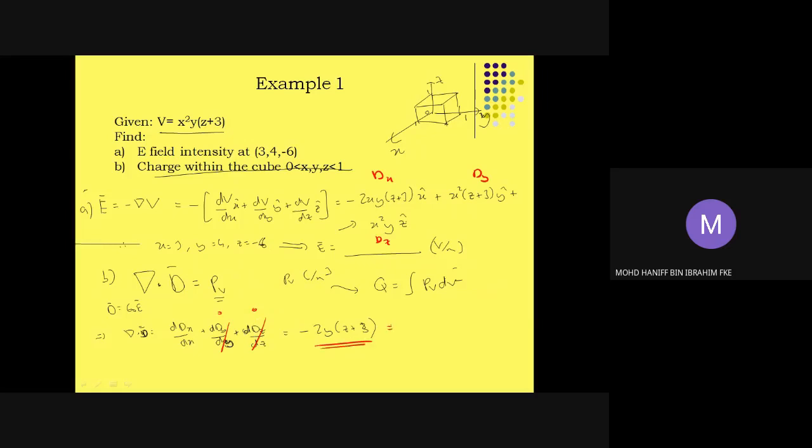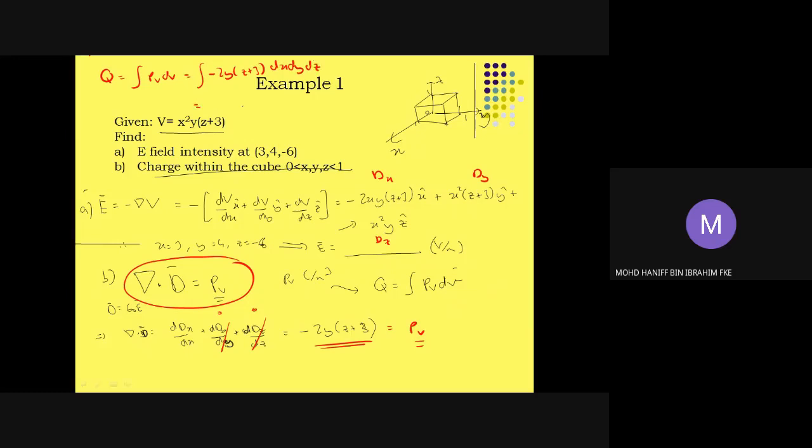So this is also equal to your rho v, because we are based on this equation. If we evaluate the divergence of D, that answer is equal to your rho v. You're going to use this rho v to find the charge, in which the charge amount Q will be the integration of rho v dv, based on the integration of negative 2yz plus 3 dx dy dz.